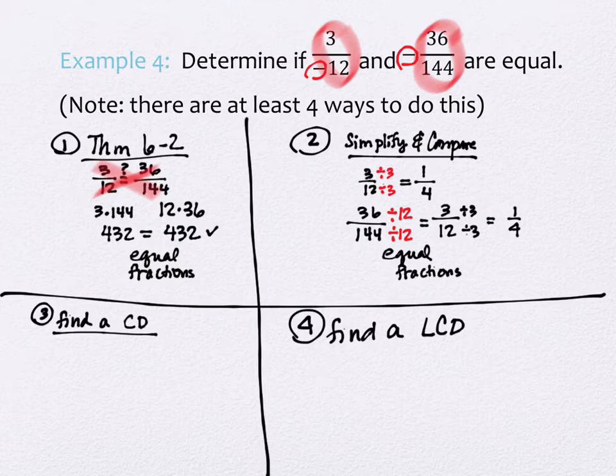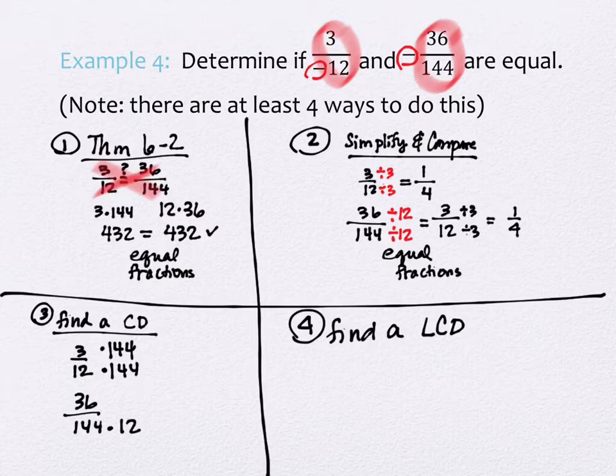Well, finding a common denominator just means using the two denominators you have and multiplying them by one another. So we have the value 3 over 12, and we have the value 36 over 144. And 12 will be multiplied by 144, but if you do it to the denominator, you have to do it to the numerator. And then the 144 will be multiplied by 12, therefore 36 will as well.